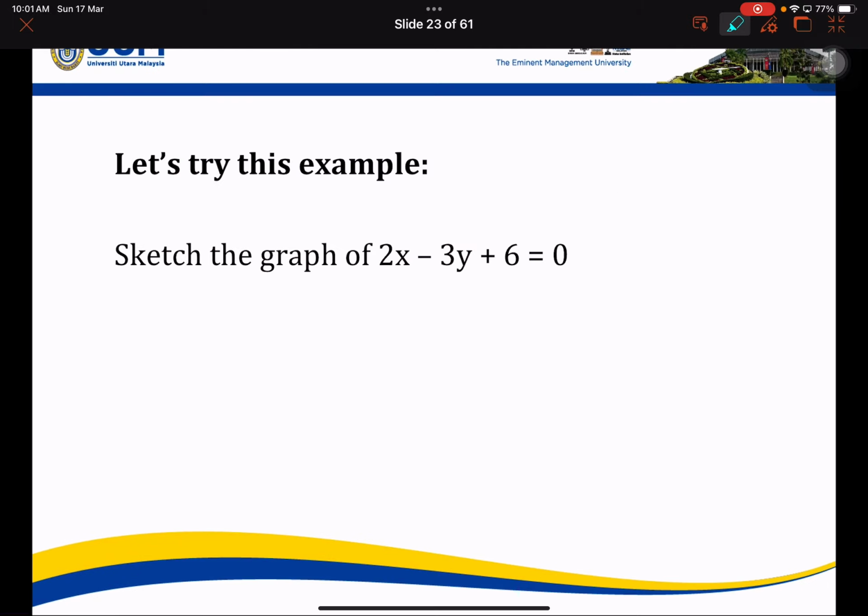Sketch the graph of 2x minus 3y plus 6 equals 0. Sketch. Try. Yes, try to sketch this one. Normally I don't sketch. Normally I use a calculator. So sketch this.